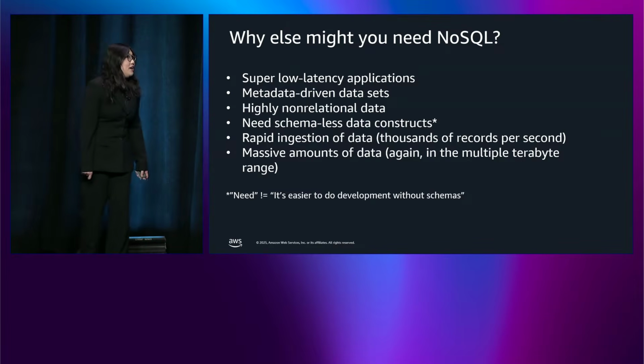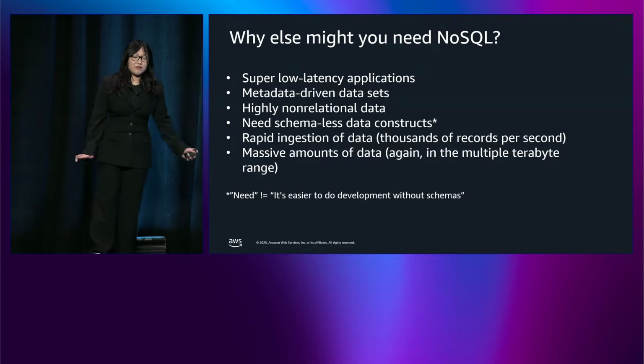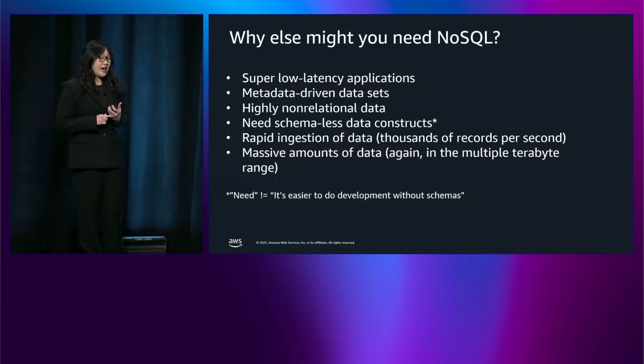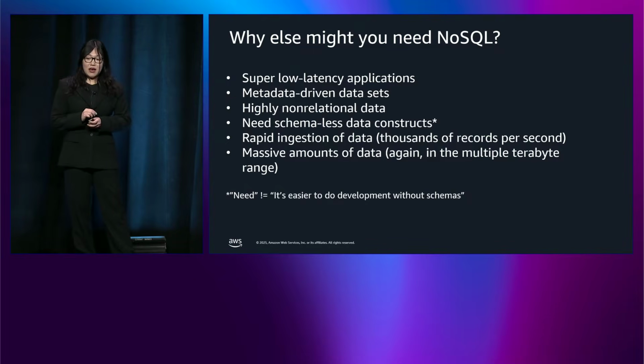Now, why else might you need NoSQL? NoSQL, again, non-relational database, things like document stores, graph databases, right? But things like super low latency applications is something that you might want to think about for a non-relational database. Maybe something like a metadata-driven data set, for example.